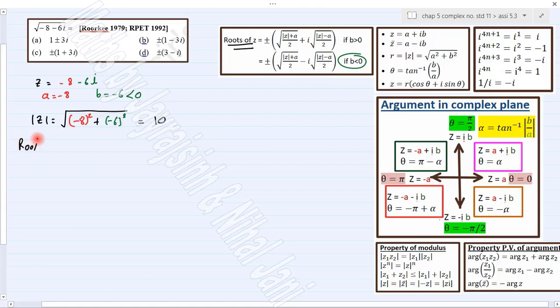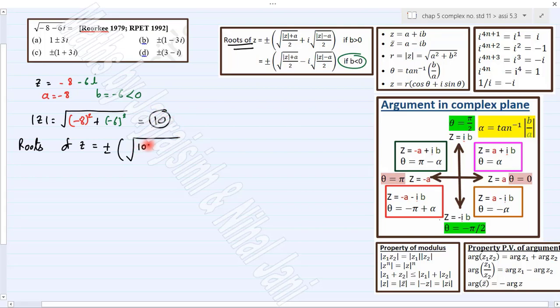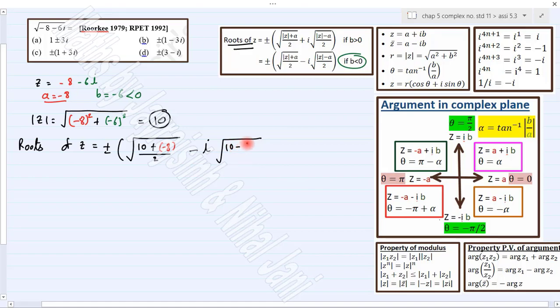So let's use the second formula for roots of z, which is plus or minus [under root of ((mod z, which is 10, plus the real part, which is minus 8) divided by 2) minus i times under root of ((mod z, which is 10, minus the real part, which is minus 8) divided by 2)].